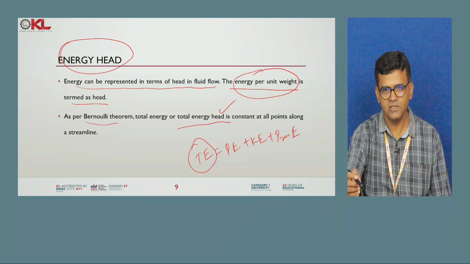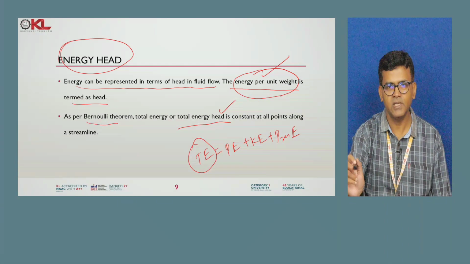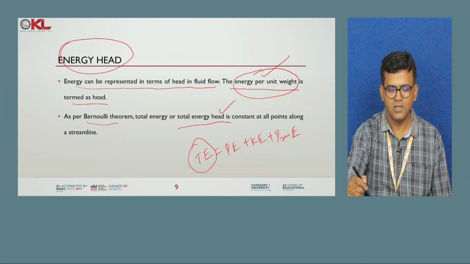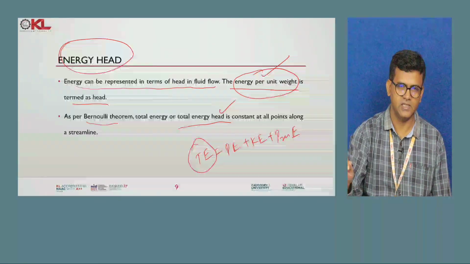How to write the energy in terms of energy head? Energy per unit weight of the fluid. We will see how we can write the kinetic energy as the kinetic energy head, potential energy as the potential energy head, and the pressure energy as the pressure energy head.